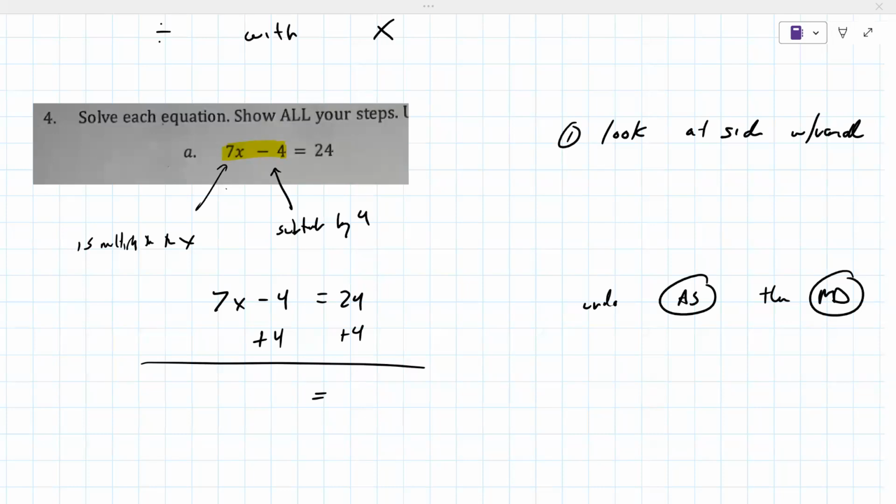Like you had 4 things, then 4 things went away, or you had $4 and you lost $4, or something cost $4 and you pay $4. How much do you have left over? 0. So what you could write is 7x plus 0. But what is anything plus 0? That number. So what remains on the left?